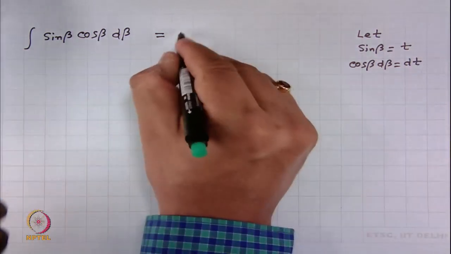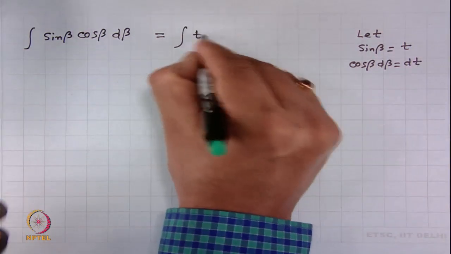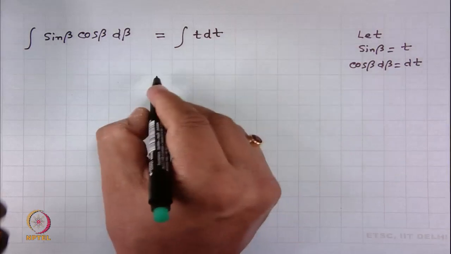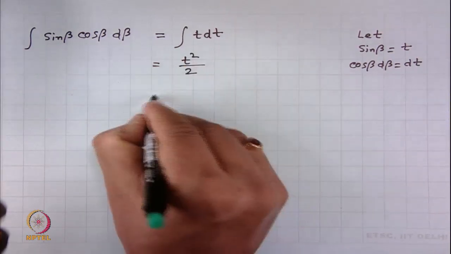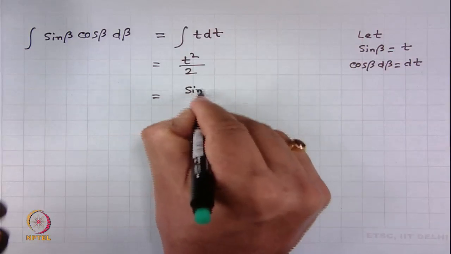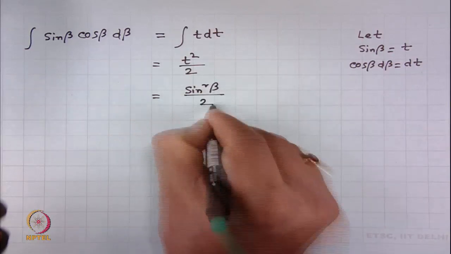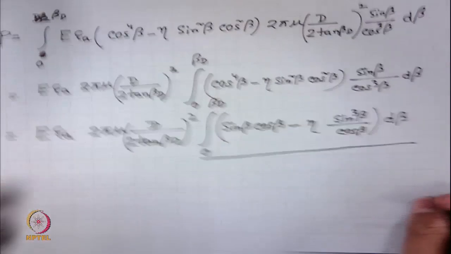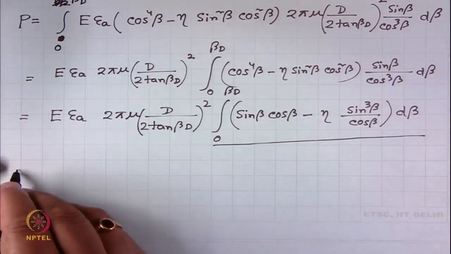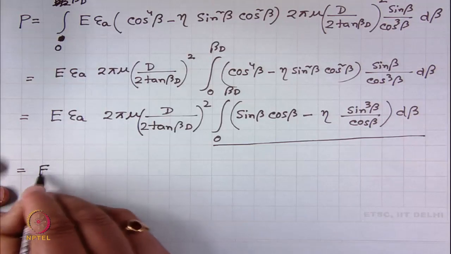So, this integration will become t dt. Integration of t dt, t square by 2. What is t square? Sin square beta by 2. So, we come back and write the solution one by one.